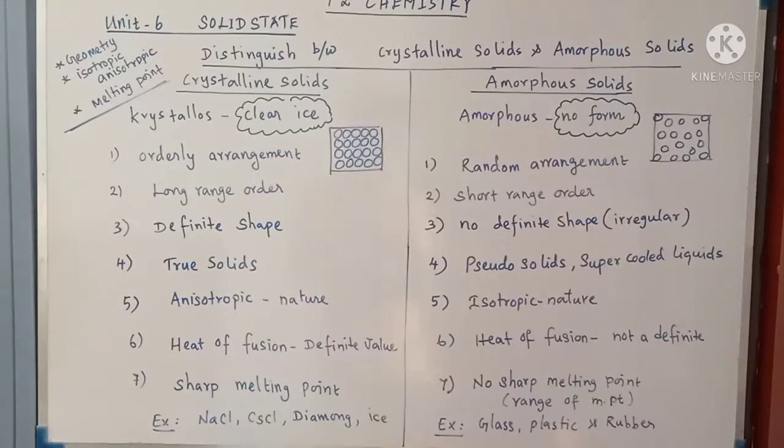Even a crystalline solid may have a little defect, a little disordered state also. Similarly, amorphous solid basically has a random, disordered arrangement, but even the disorder is not 100%. Even in amorphous solid, you can expect a little orderly arrangement also.